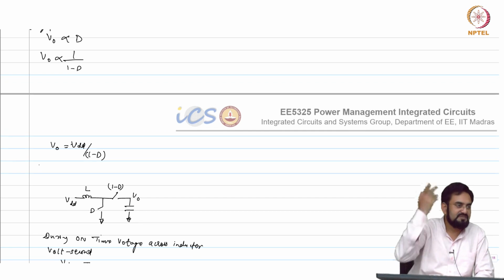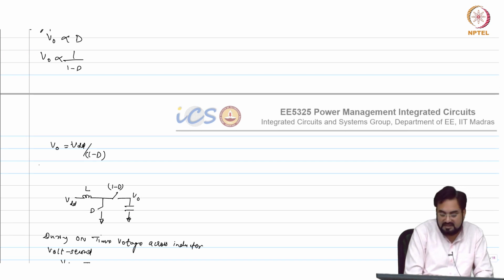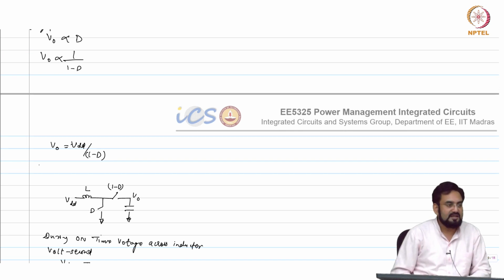If you are looking at a 4x, 5x boost, then you cannot just say I can build for 1 amp current and get a 10 volt output from 2 volt. It is not that simple. You have to look for a very small DCR inductor and very small RDS on.